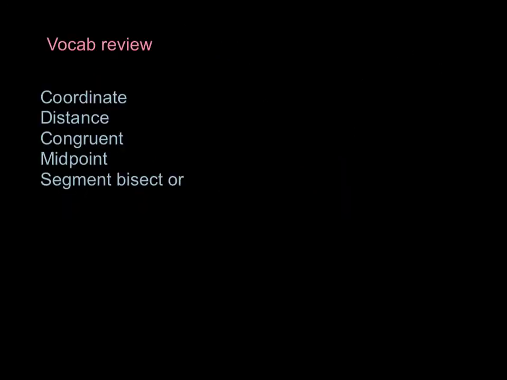So your vocab review for section 7.3 are these 5 words. Coordinate, distance, and a distance, I want you to understand that when you subtract 2 coordinates, you take the absolute value of your answer. Congruent, know the symbol, and know that when you name segments that are equal, their lengths are equal, you have to say that the segment is congruent to another segment, not equal.